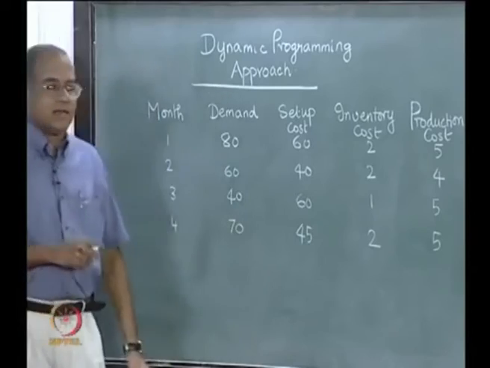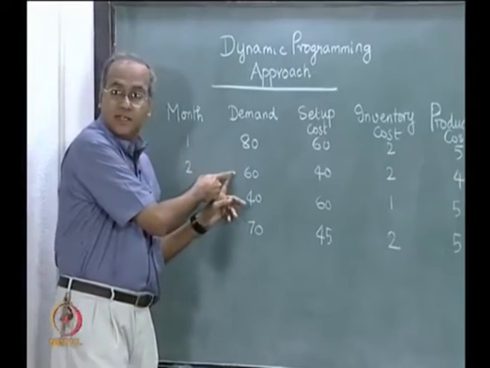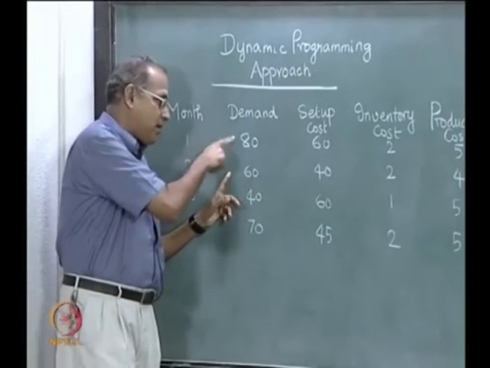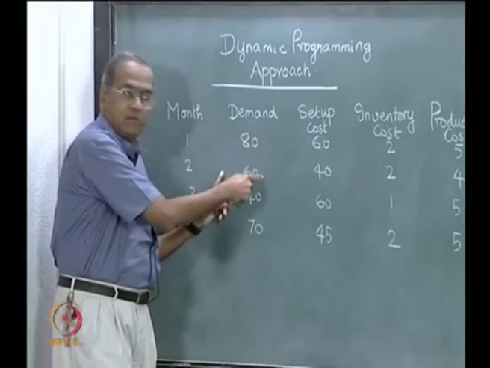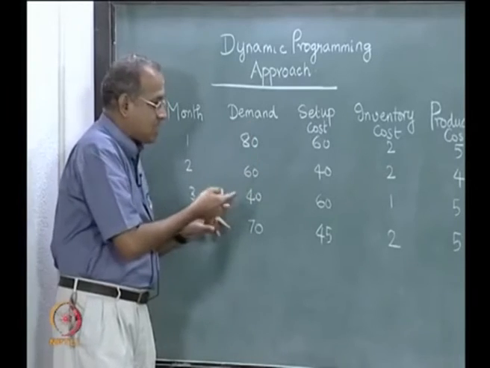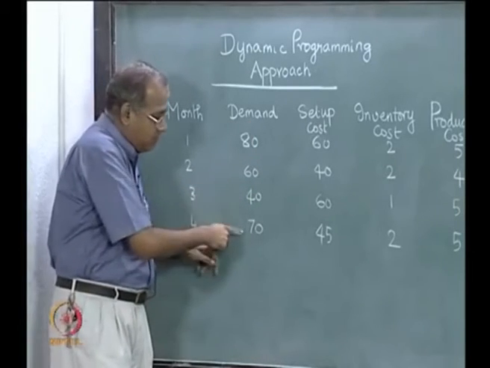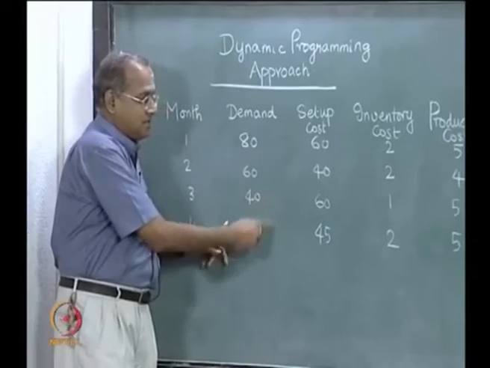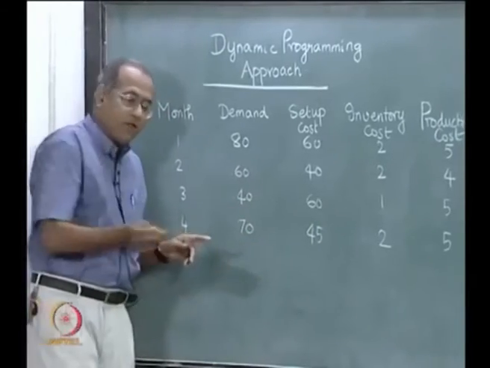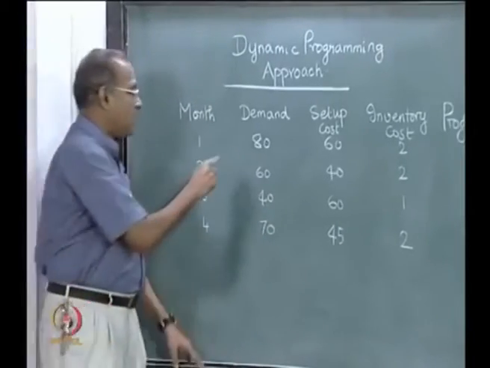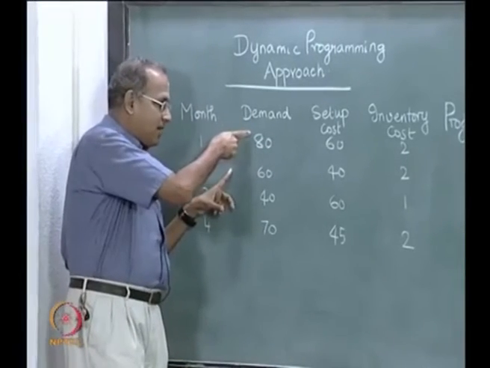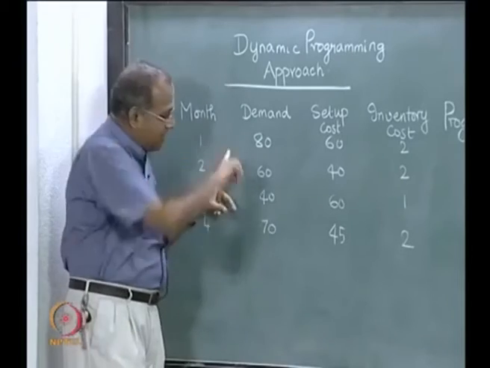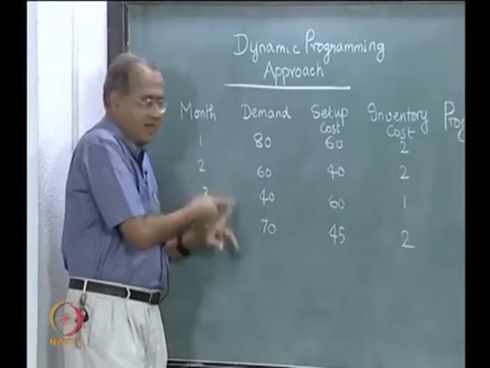But in the back order case, we could actually have considered the scenario where we do not produce anything here, we make 140 here to meet these two, and maybe we could have considered another scenario where we make 110 here to consider these two. Or we could even consider a scenario of producing 180 here, meet a backlog of 80, meet this month 60, and meet the next month 40 here and a 70 here.